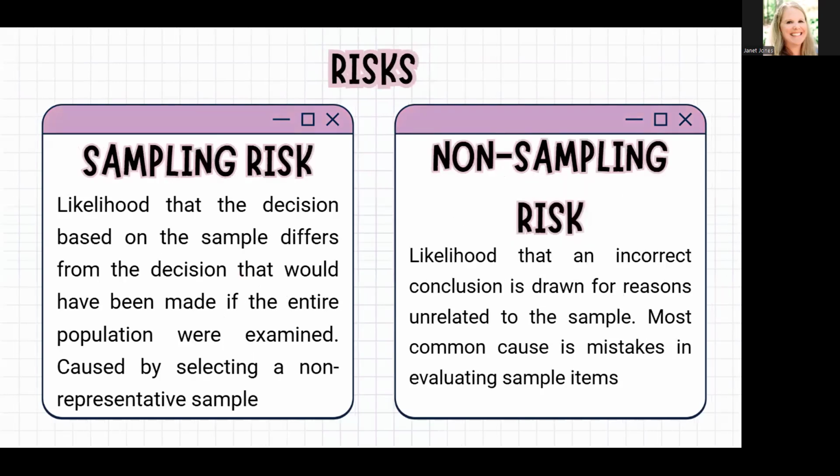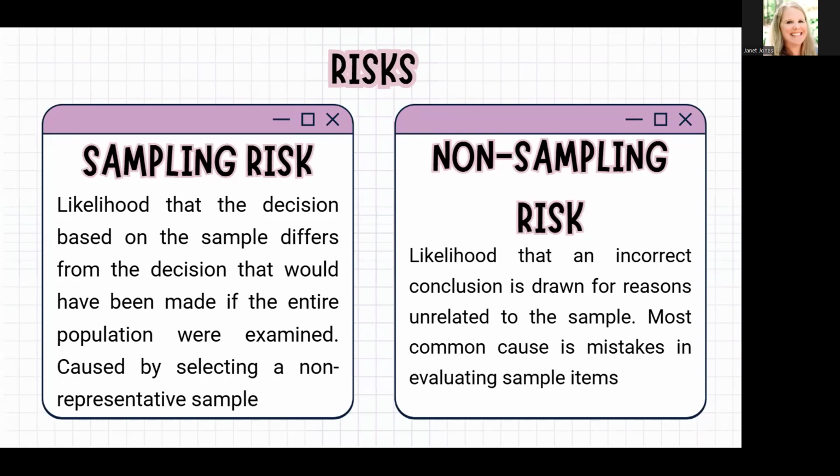So with sampling comes some risk. We have two types of risk that I want to go over: sampling risk and non-sampling risk. Sampling risk is the risk that the items that we select aren't a good representation of the population as a whole.